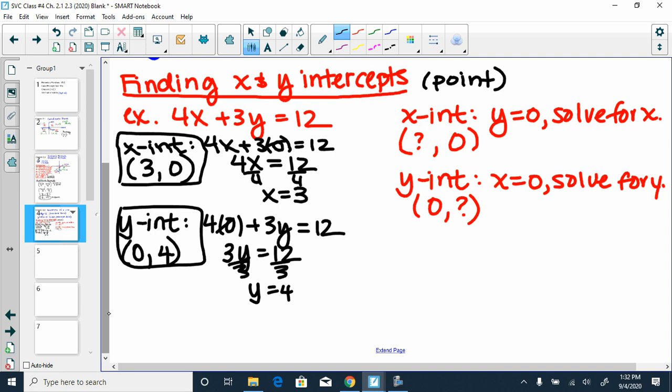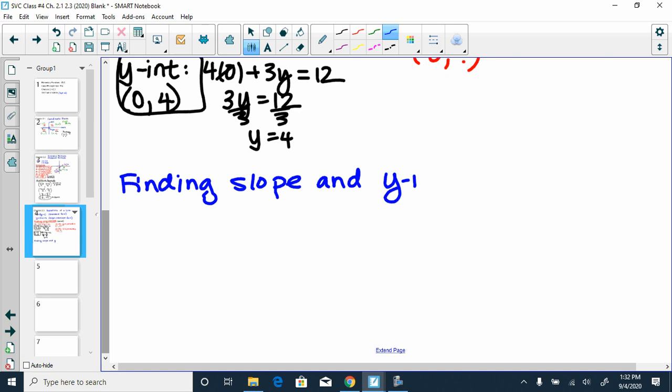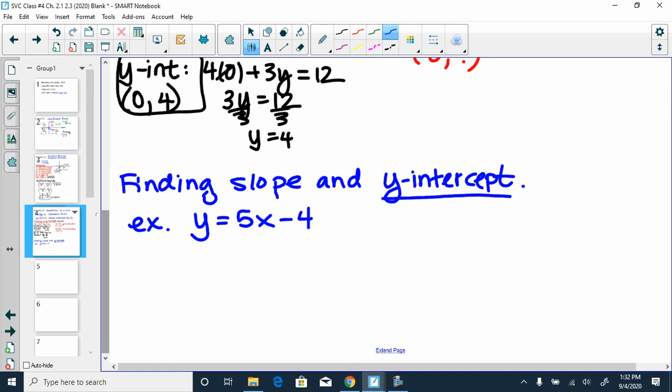Now, slope-intercept form is really good for finding slope and a y-intercept, and I caution you, it is just a y-intercept. If I take a look at the example, y equals 5x minus 4, you basically have no work to do here. 5 is your slope, or your m.